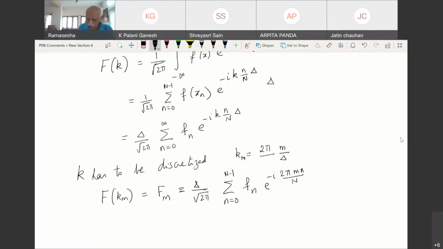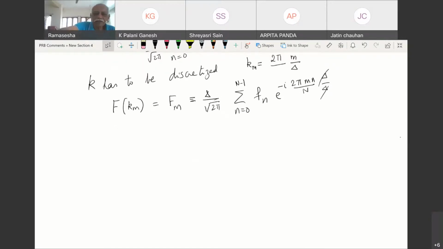So in other words, I have discretized, and I get delta upon root 2 pi, the sum from n equal to 0 to N minus 1 of f_n e to the minus i 2 pi mn by capital N.